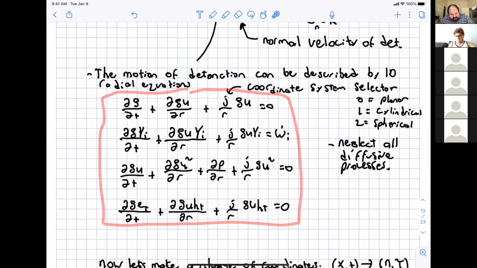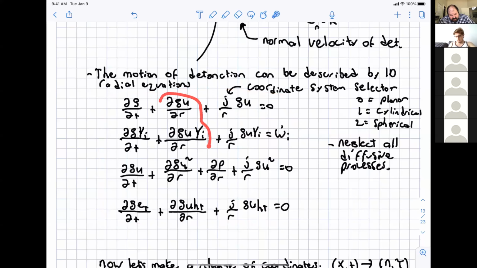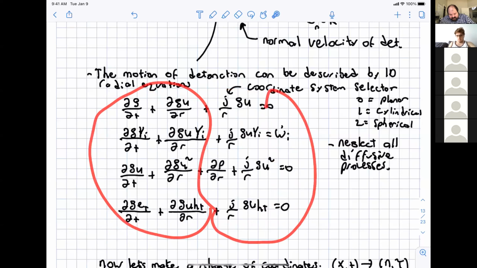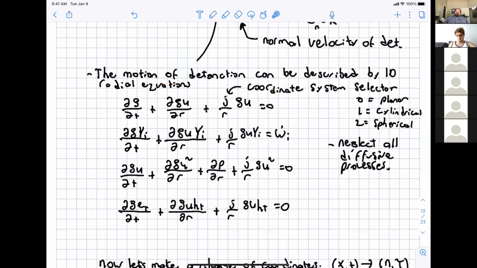These terms here are the same as the transient planar equations, and then the source terms right here. Basically, these terms are the exact same as the planar terms. In the divergence terms, you pick up what's called the geometrical source term.